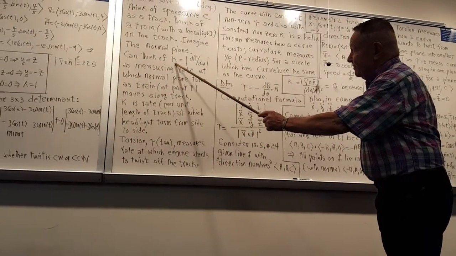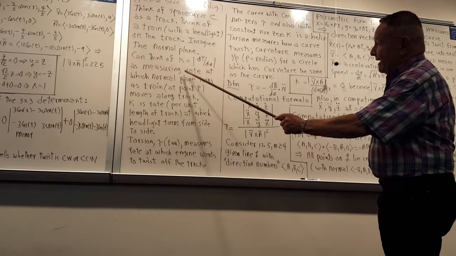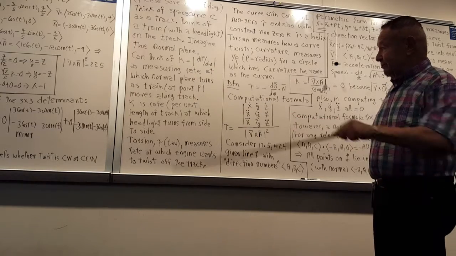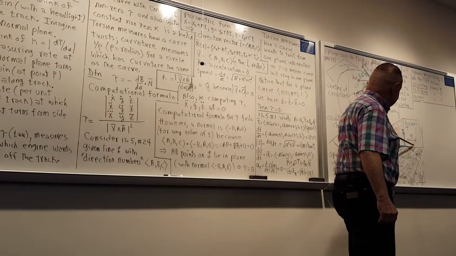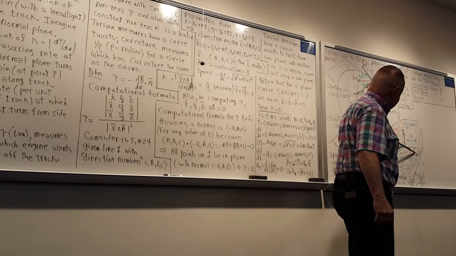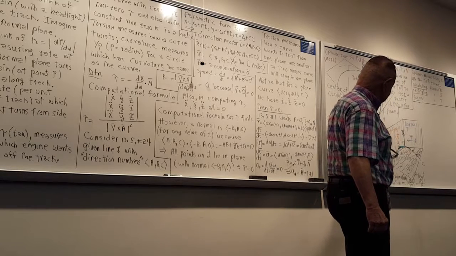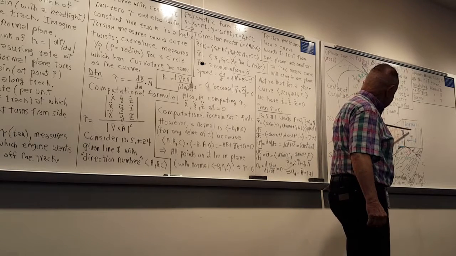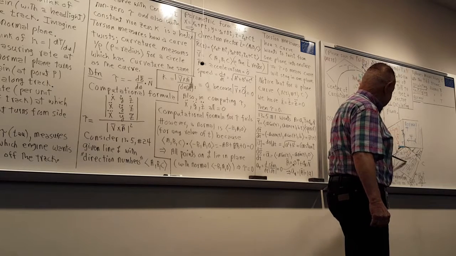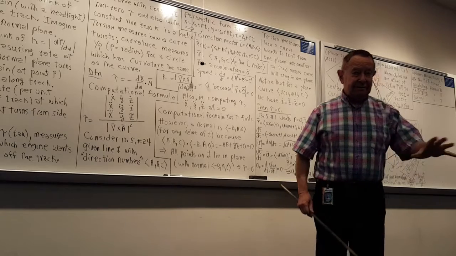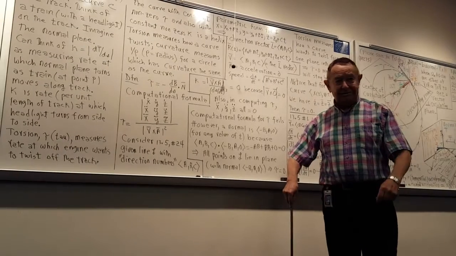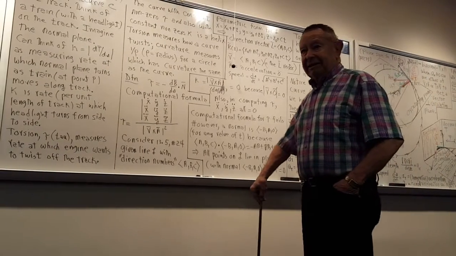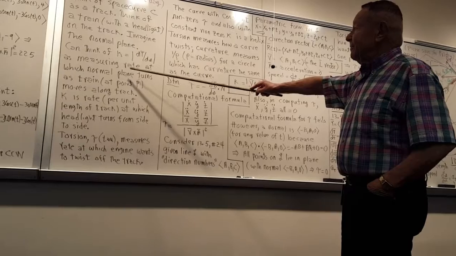So you can think of the curvature then as measuring the rate at which this normal plane, as Gauss named it, is turning. As you go from point to point along the track, you have a new normal plane, rectifying plane, oscillating plane, typically, because you're turning and twisting as you're climbing a hill or something like that.